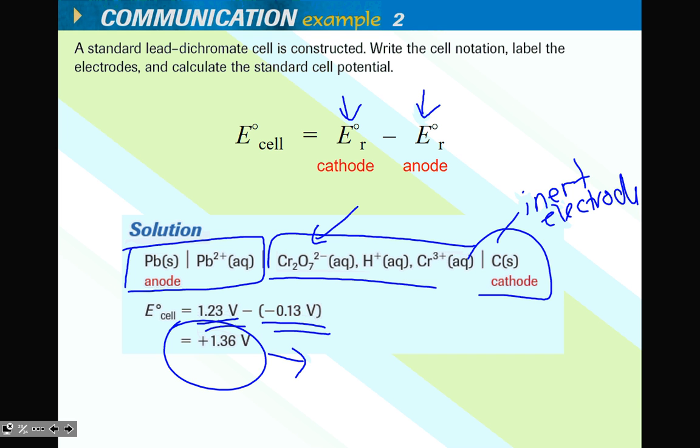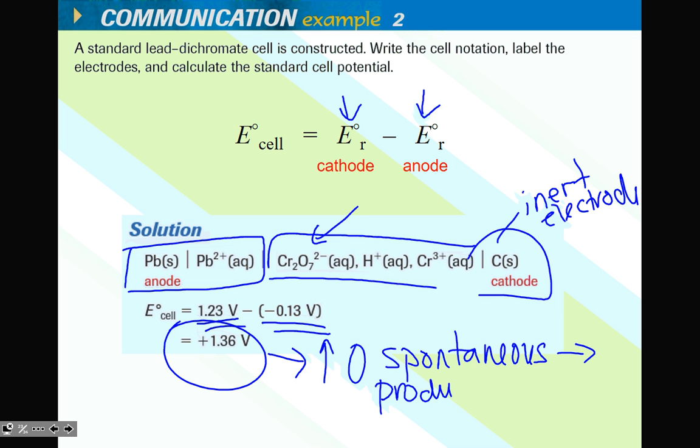So it's larger than 0. It's spontaneous. What does that mean? It's going to produce electrons, and it's a voltaic cell because it does generate electrons.